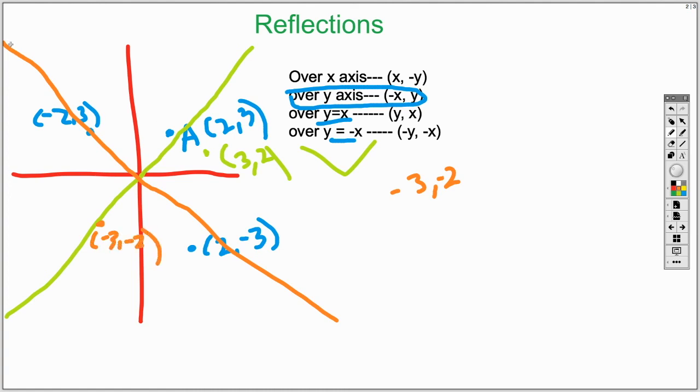We can see how it's reflected. So ignore the green line, but look at the orange line. This is the original point, and now this is our new point. So this is how reflections work.